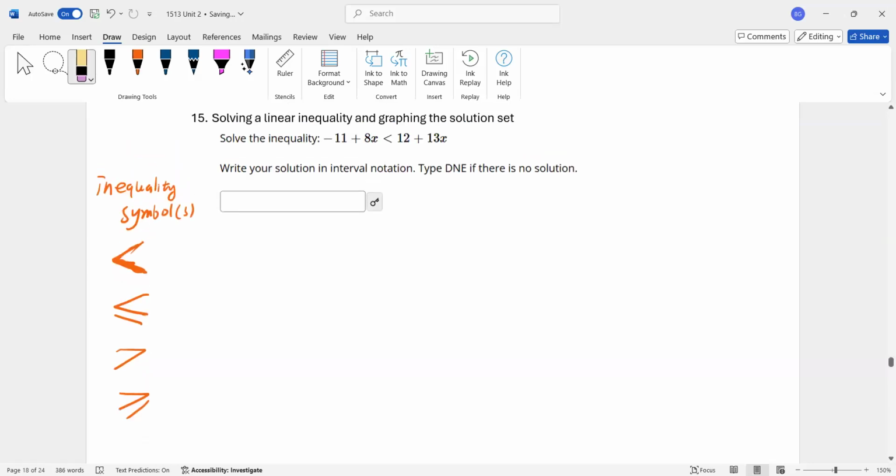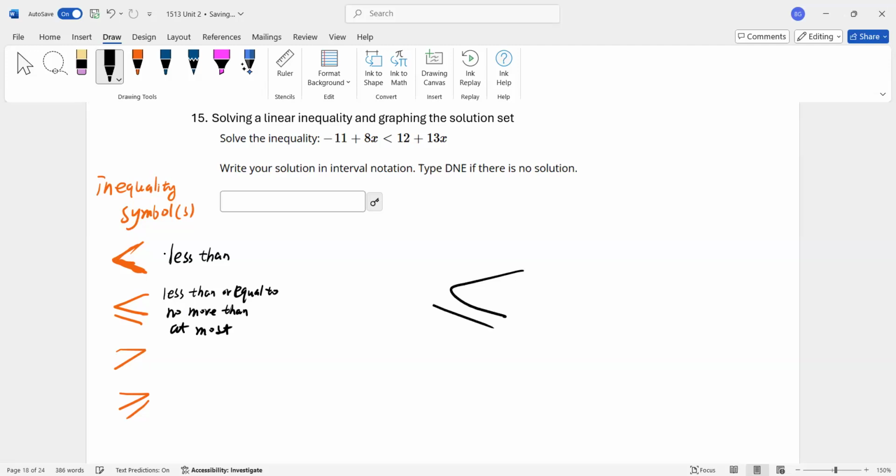Okay. All right. This means less than, or strictly less than. And this means less than or equal to, or no more than, or at most. Okay, this symbol is less than or equal to.